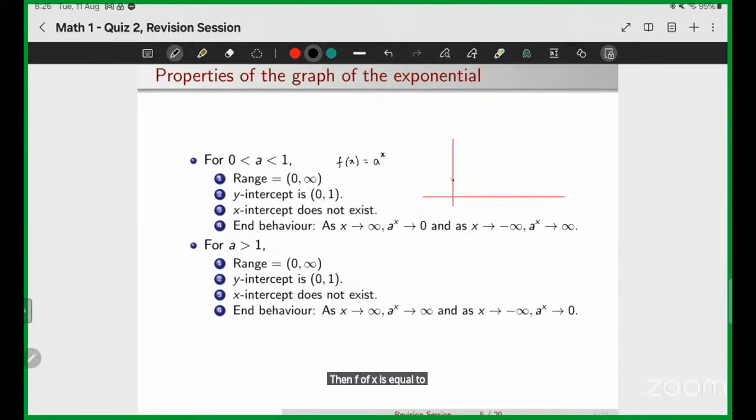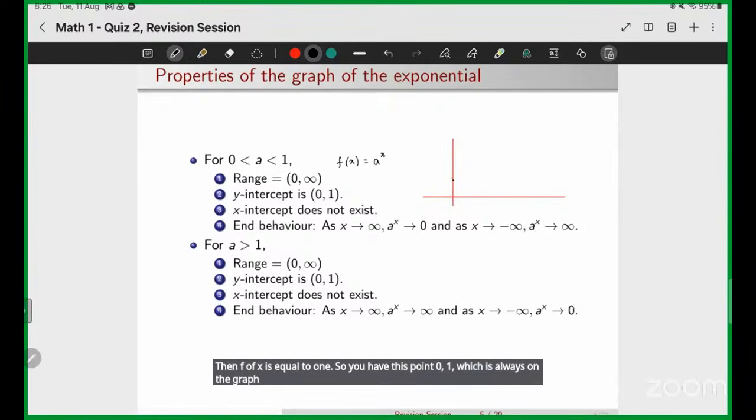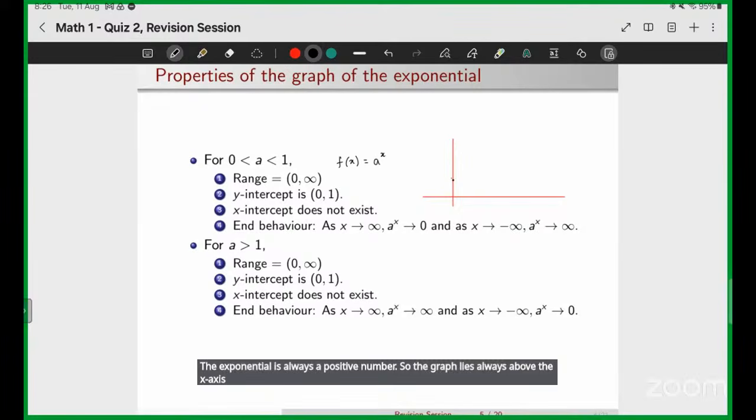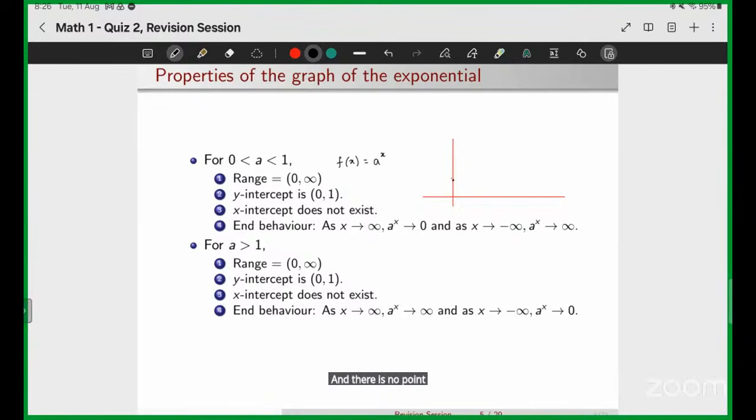So you have this point 0, 1, which is always on the graph. The exponential is always a positive number, so the graph lies always above the x-axis, and there is no point at which a to the x is equal to 0.